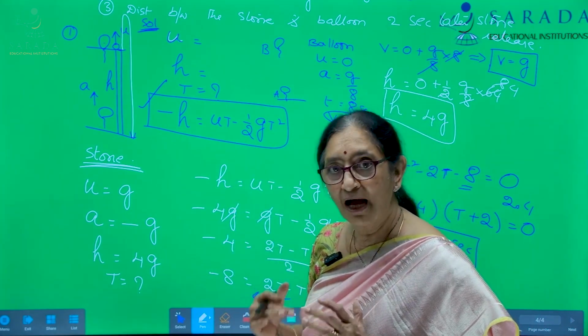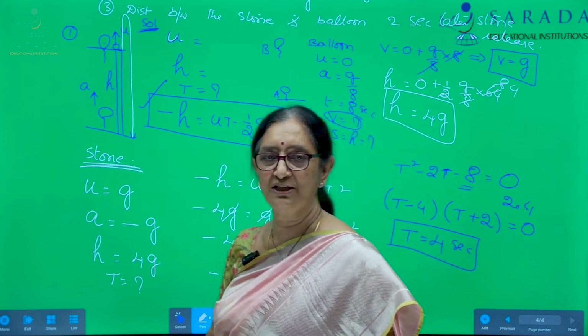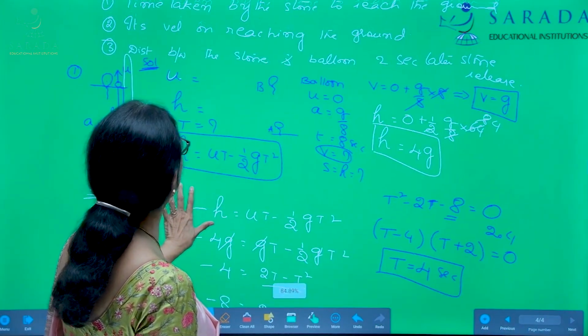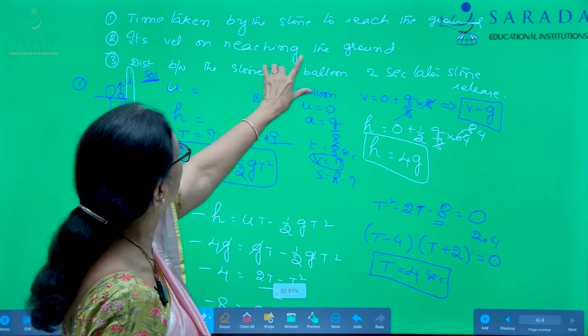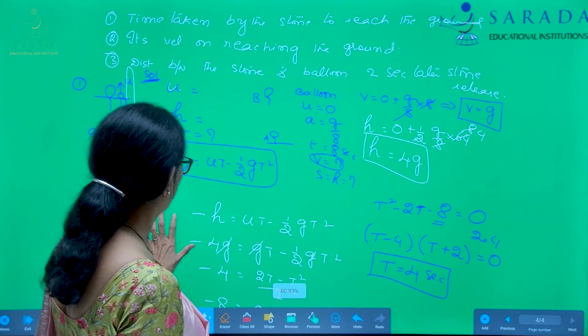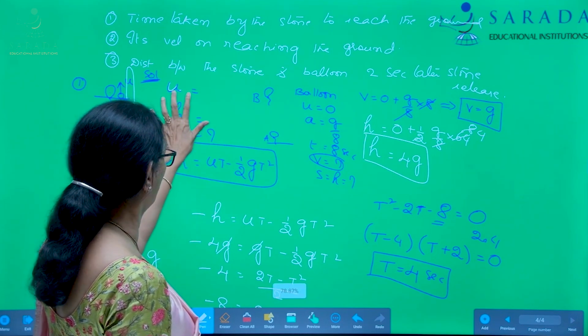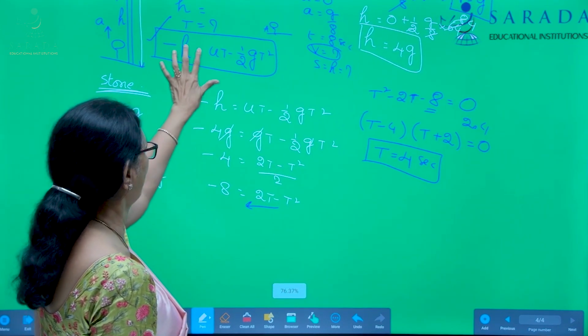Now, the second part of the question is, you need to find out the velocity of the stone on reaching the ground.